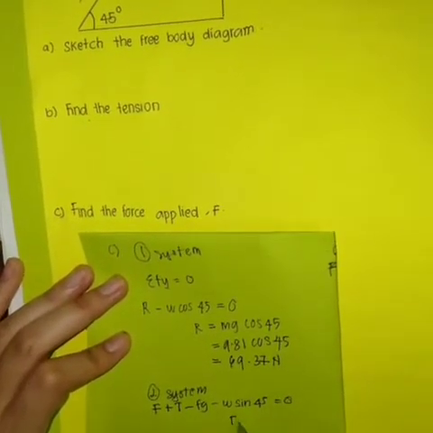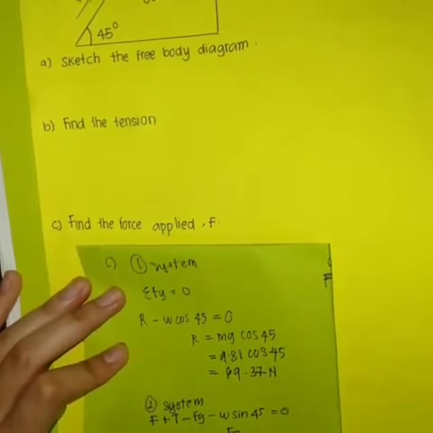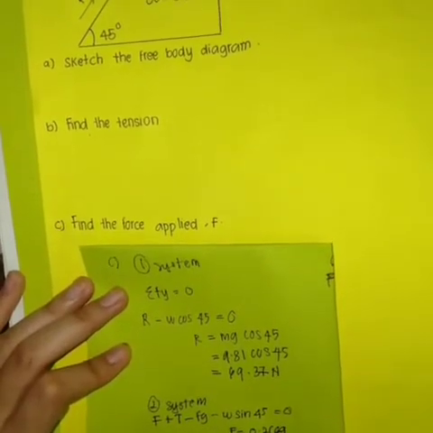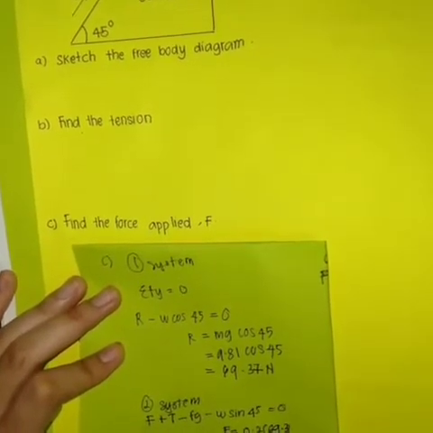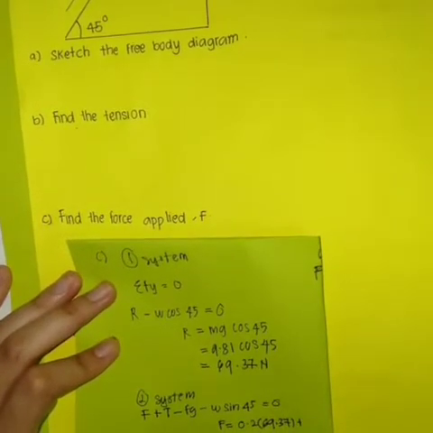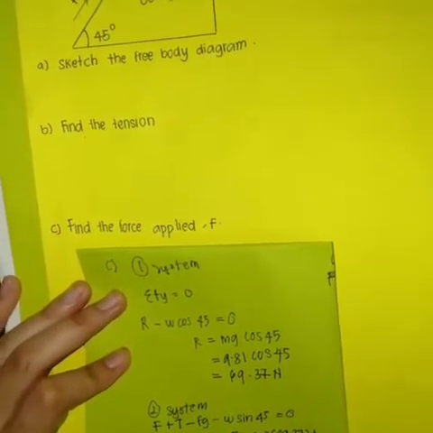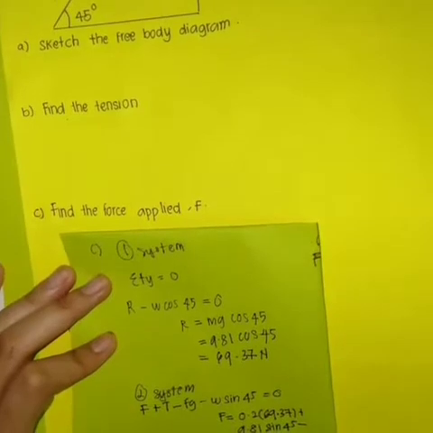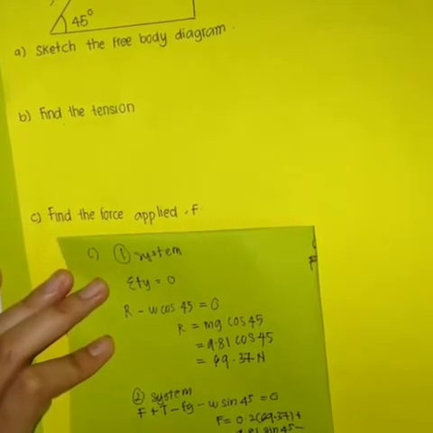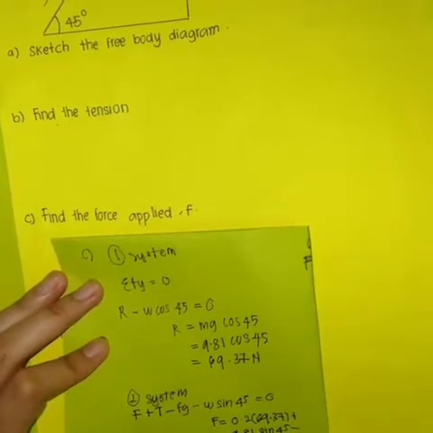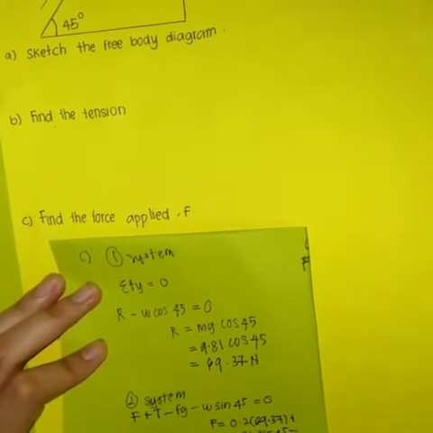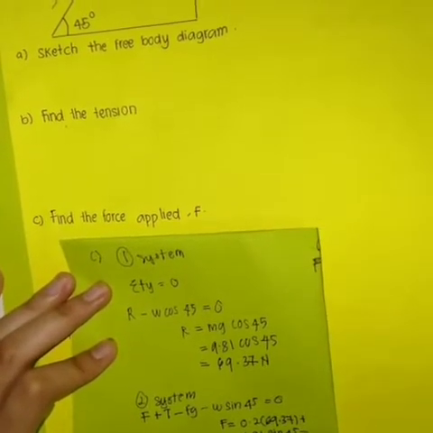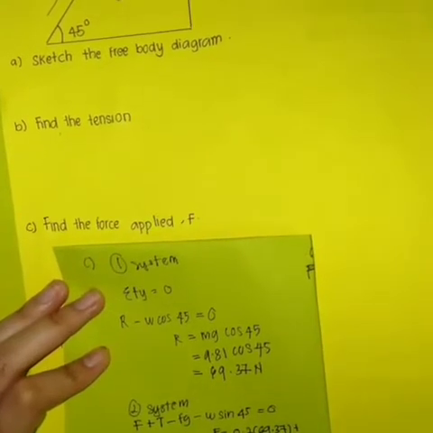So F, we get 0.2 times 69.37 plus sin 45 minus 49.05. So for the F, for the force we get 34.90 Newton for the second system.